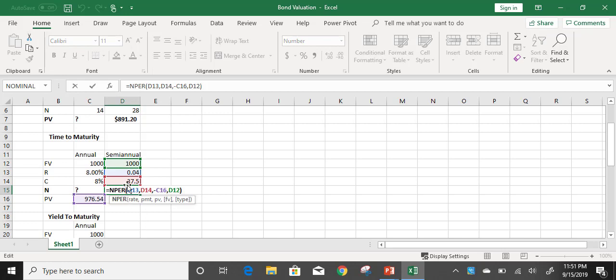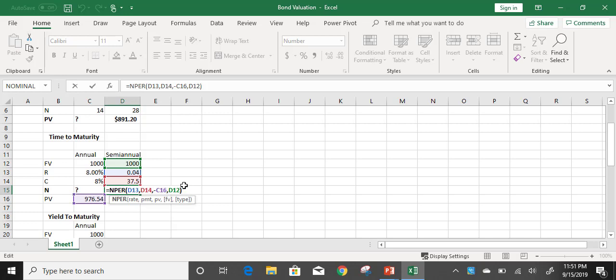It asks you to get the value for rate, and the rate is 0.04. The PMT is the coupon payment, which is paid every 6 months. So it's a regular payment and is an ordinary annuity. PMT is 37.5, followed by the present value of the bond, which must be with the negative sign.